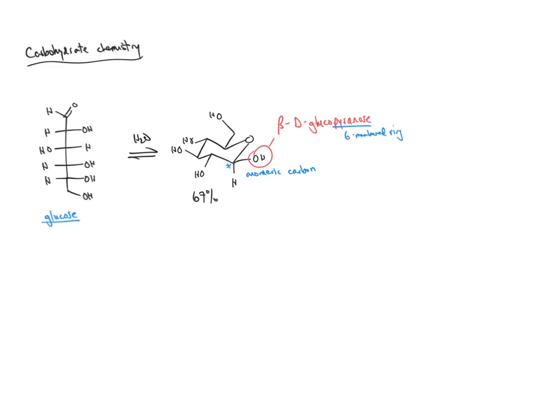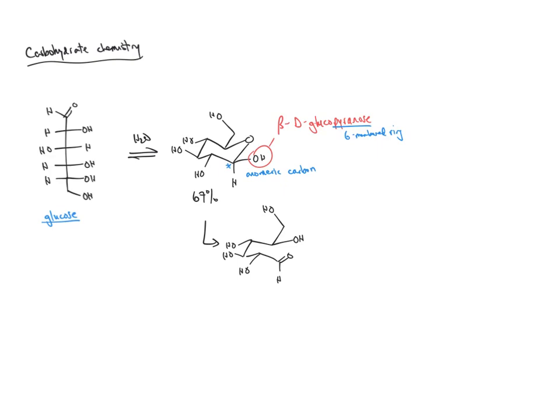Now, what can also happen is you can get the alpha version. So I'm going to open up this ring here. I'm going to show this in a little bit different perspective. All right, so there's the alcohol. Here's that aldehyde. So this is kind of folded up a little bit.